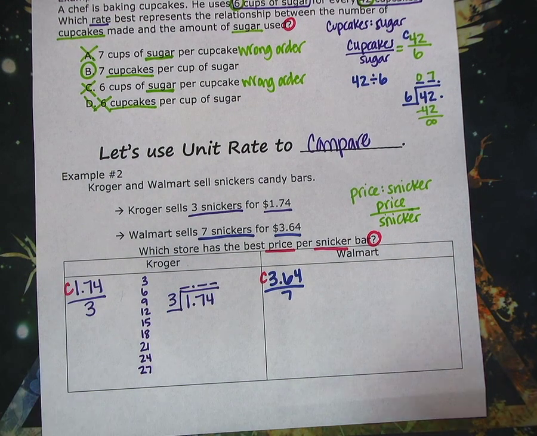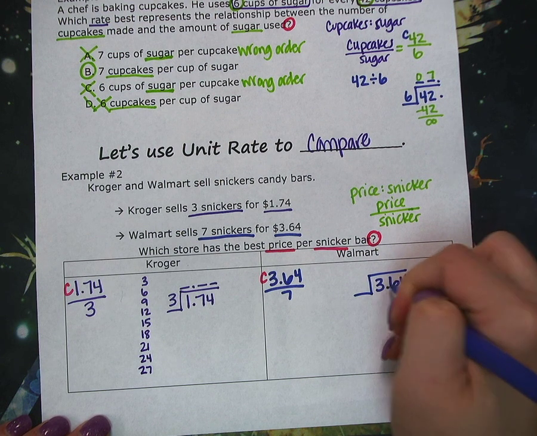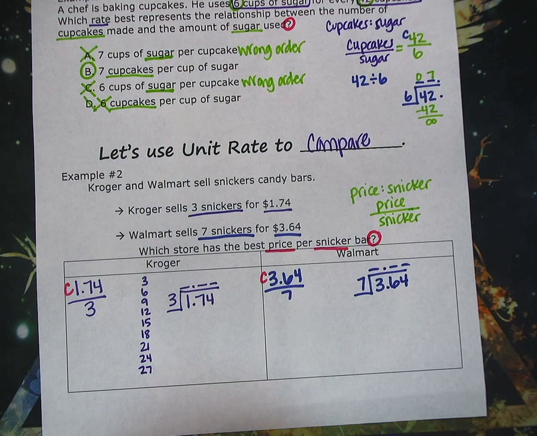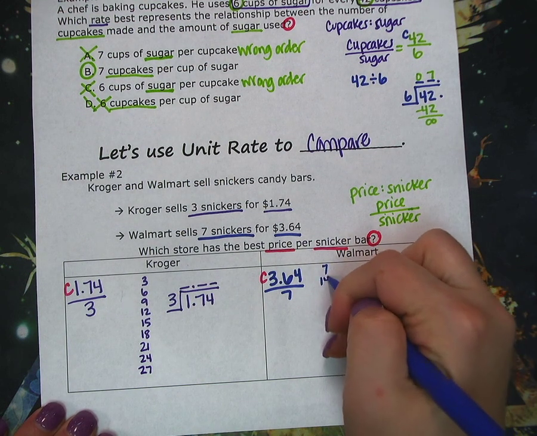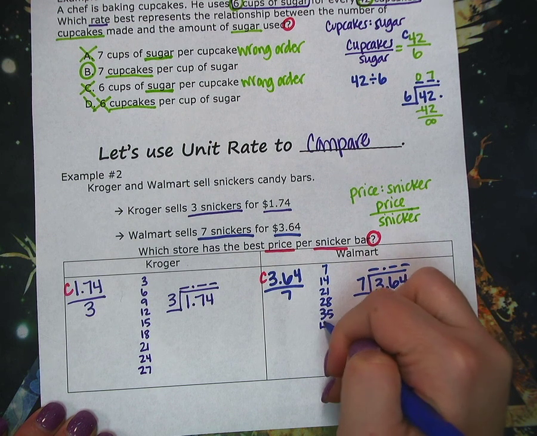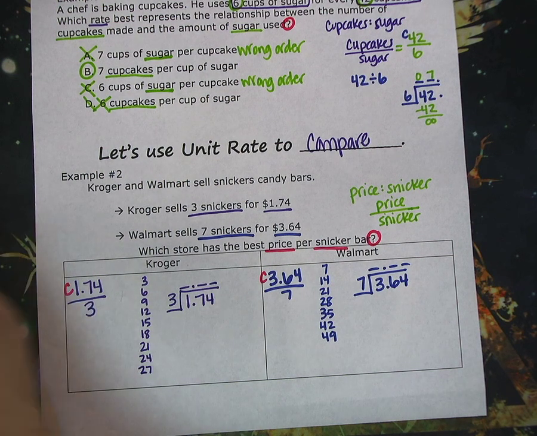And then on this side, setting up for Walmart, we have Cowboy $3.64. Boots are already off, so there's the hat, set the table, set out my 7. I can write my 7s: 7, 14, 21, 28, 35, 42, 49. And now I'm ready to divide.